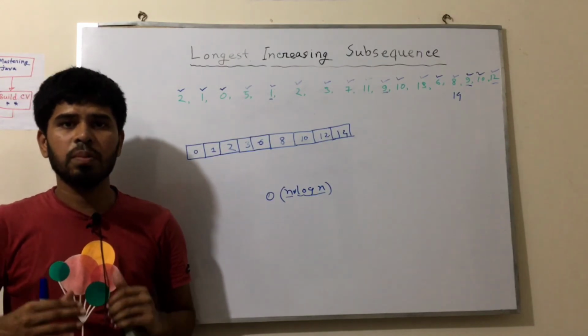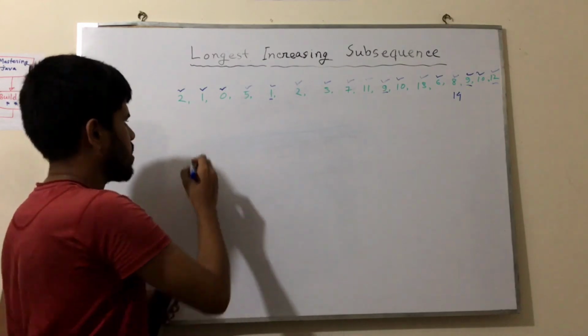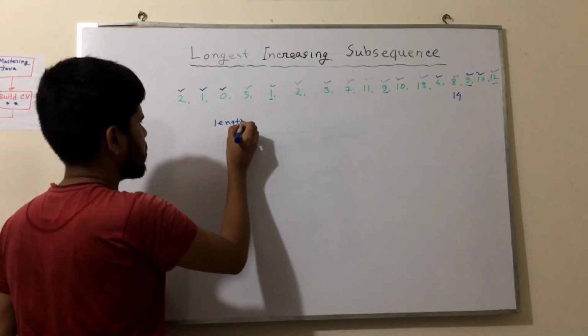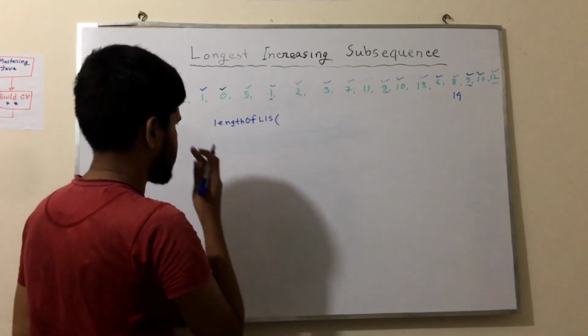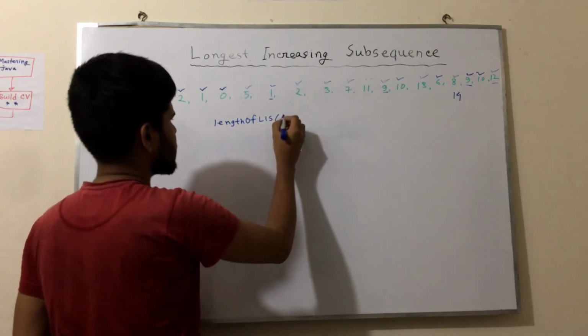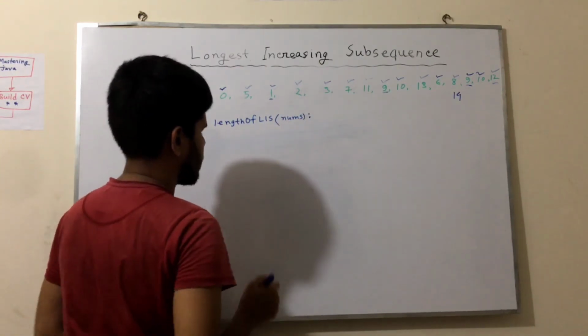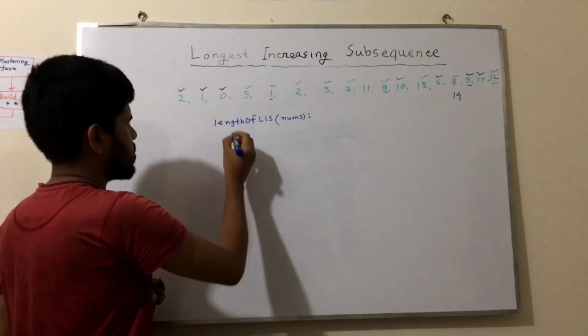Now let's implement the algorithm. Let's call the function length of LIS, longest increasing subsequence. Now this function takes the given array, so nums array. Now what I'm going to do, I'm going to create a list.